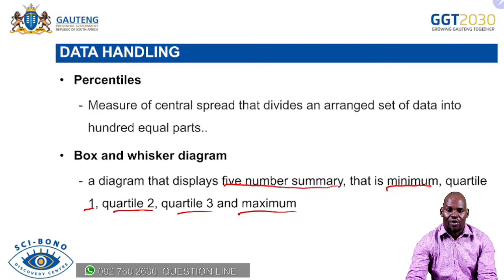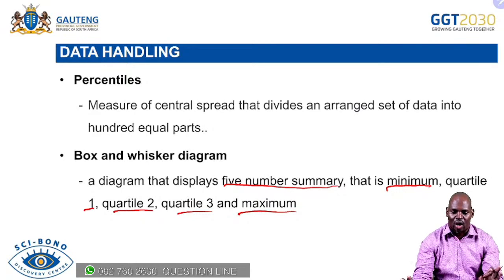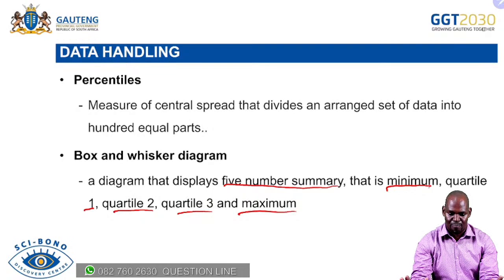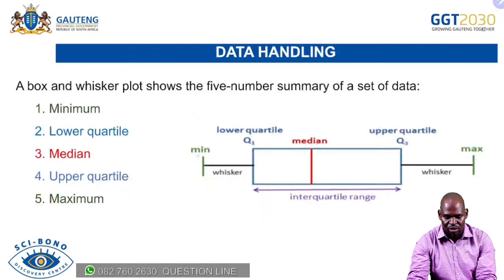Okay, now it's very important that you understand the picture of the box and whisker. You can see that we've got a box and we've got whiskers there. At the near end of the whisker we've got the minimum, and then at the near end of the box we've got the lower quartile or quartile 1.